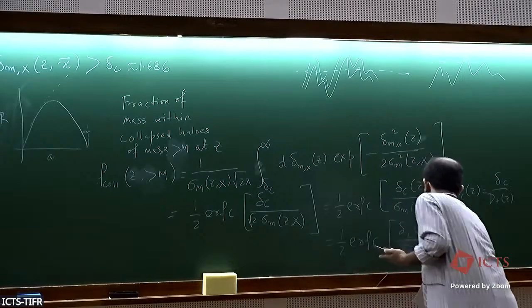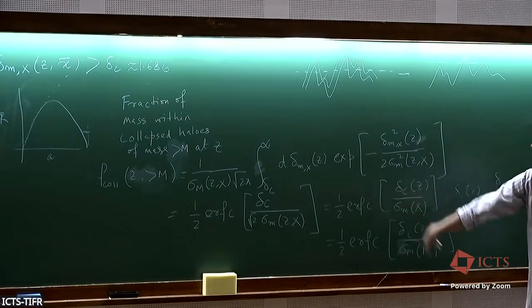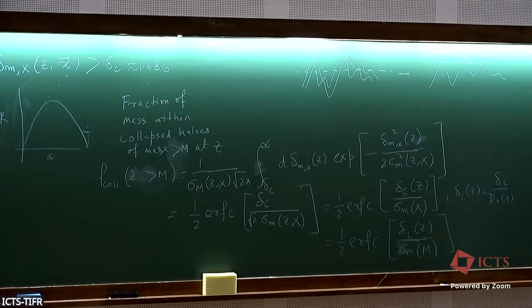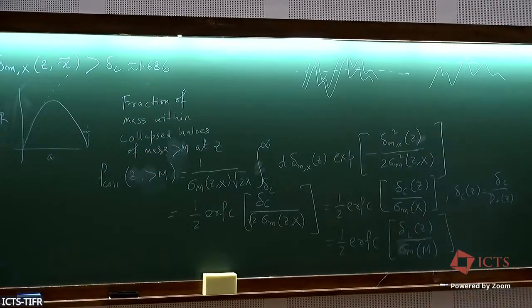Whenever I write sigma m of m, you have to mentally first convert m to the corresponding x and then put those spheres. Now this whole thing has become independent of that initial redshift, as long as you start at a redshift where the perturbations are really small, this whole thing goes through.